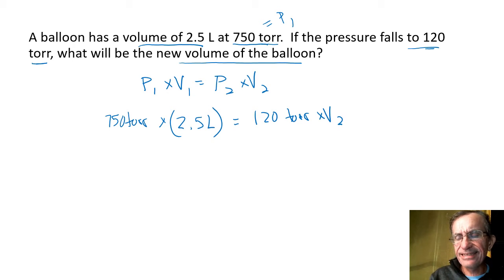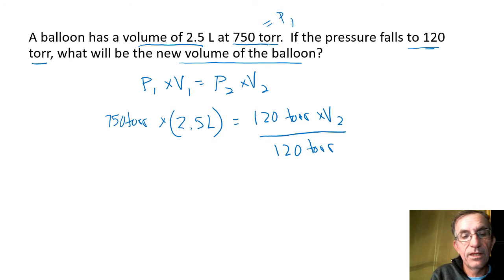So it says 120 torr times V2, so we're going to do the opposite. In other words, if we divide by 120, the opposite of multiplying, then the 120 will cancel out, and we'll get this.